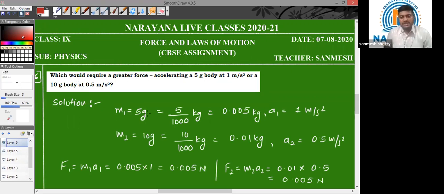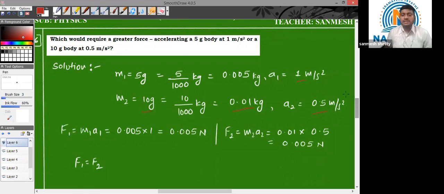Mass M1 is 5 gram, which is 0.005 kg. You know the conversion, how to do it. And its acceleration is 1 meter per second square. Similarly, the second mass is 10 gram, which we converted into kilogram, which is 0.01 kg, and its acceleration is 0.5 meter per second square. Now let us calculate force. Simply we'll multiply mass with acceleration in both the cases.